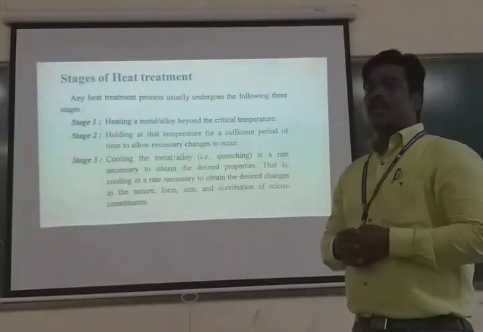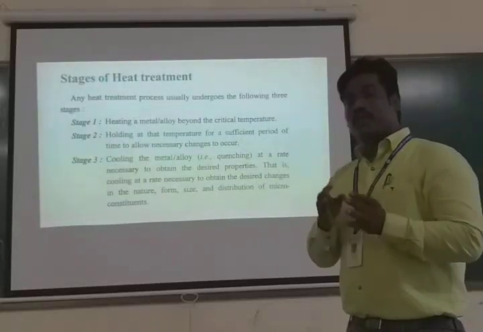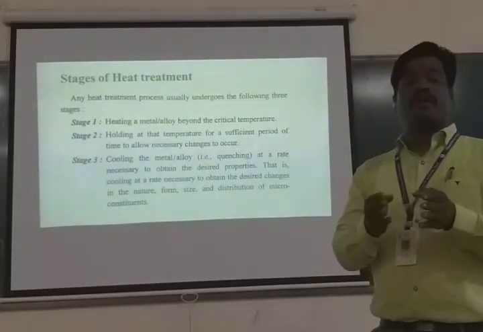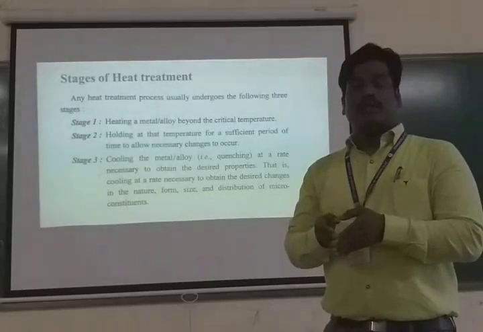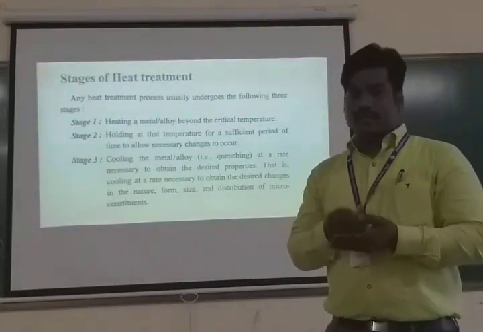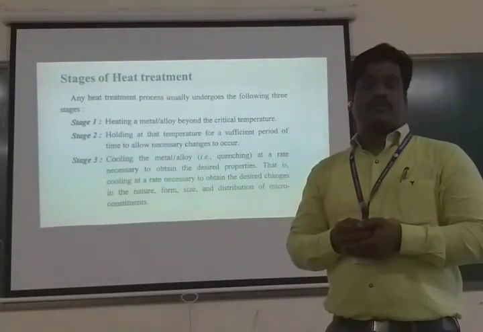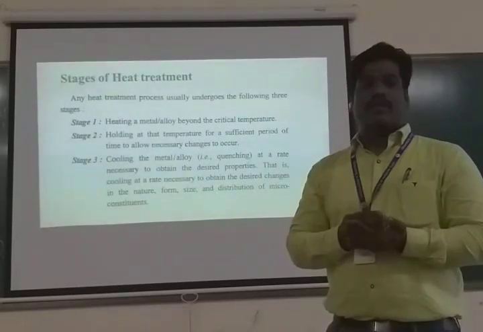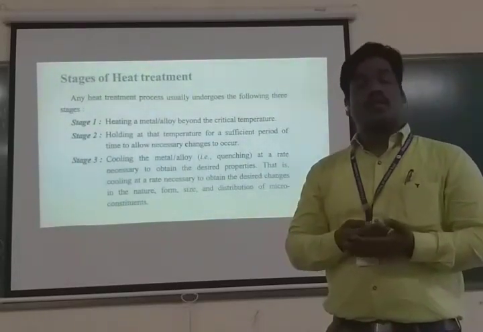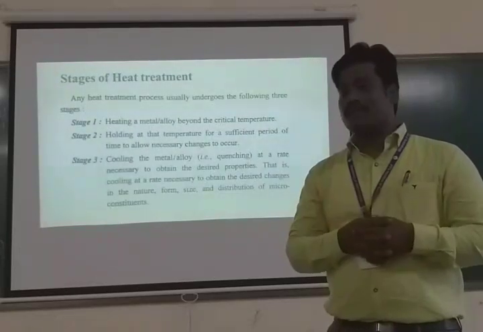For example, if you heat and hold for some period and then cool by water, the temperature is reduced suddenly. Due to the sudden reduction of temperature, it produces a more hardened material. The martensite structure will be formed inside the material.